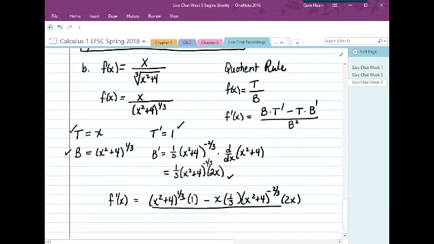All of this is going to be over the bottom squared. So x squared plus 4 to the 1/3 squared.